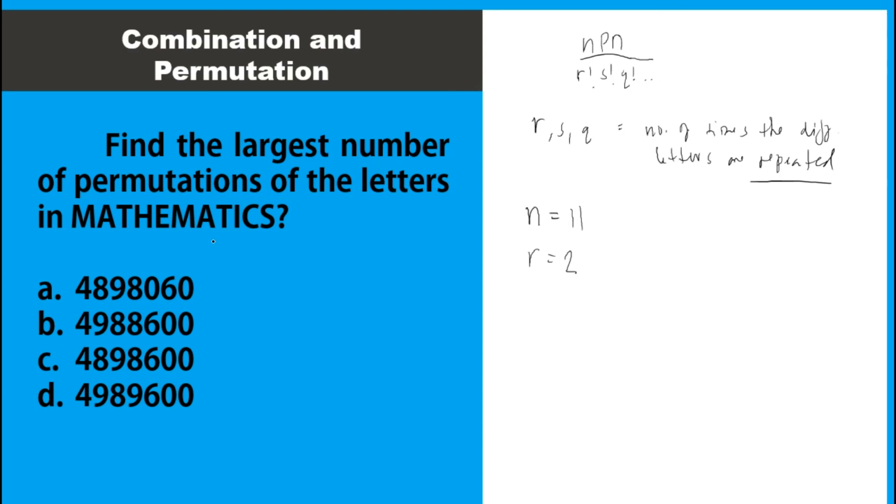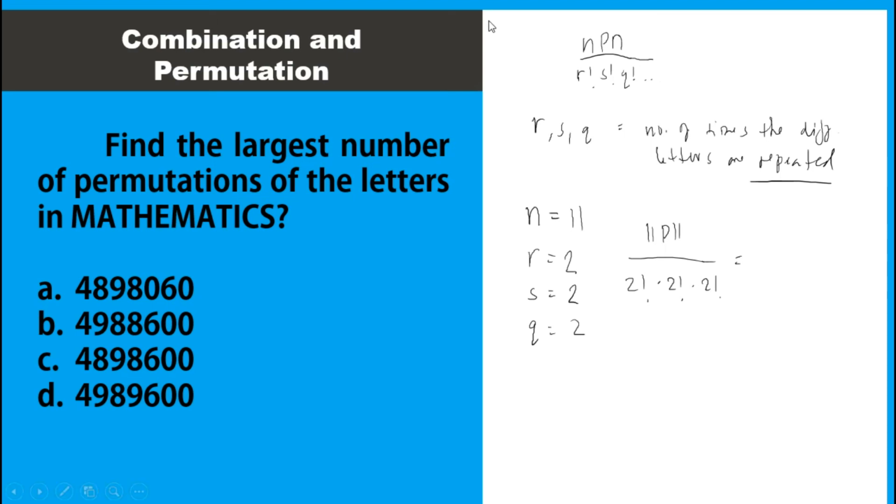The letter A is also repeated 2 times, and T is also repeated 2 times. So we have a complete given. So we have nPn, that is 11P11 over 2 factorial times 2 factorial times 2 factorial.